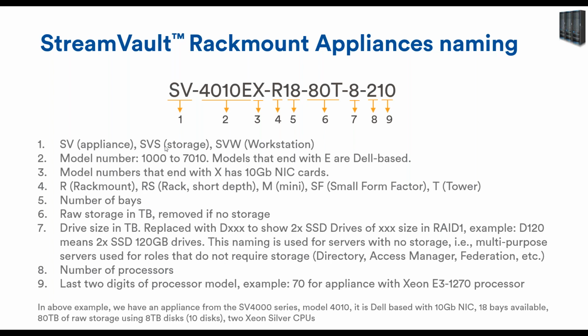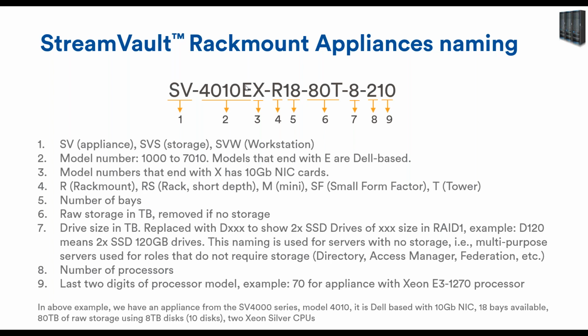So if you were to be using Isilon or SAN storage, it will start with SVS, and the workstation with the SVW. And then we have the numbers ranging from 1000. Actually, it's going to start with 100 to 7000, now 11.